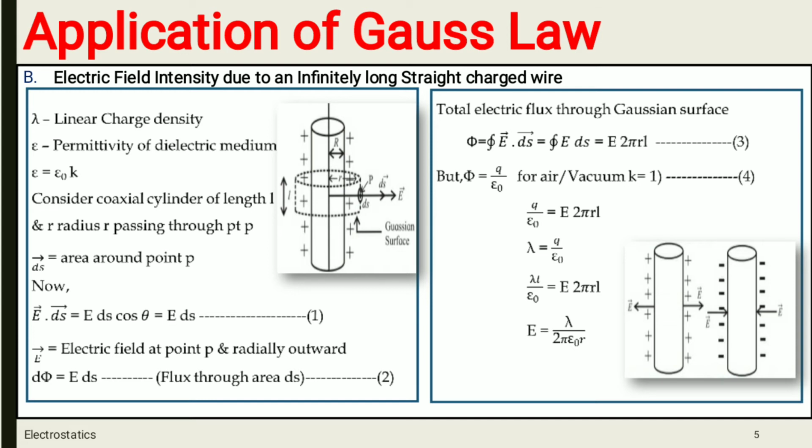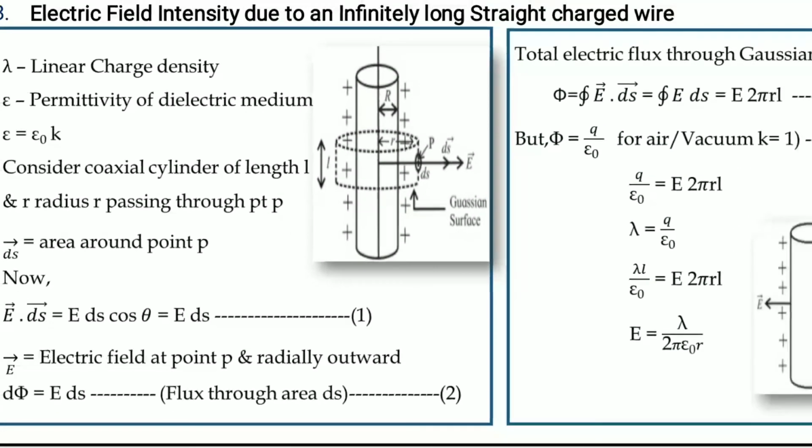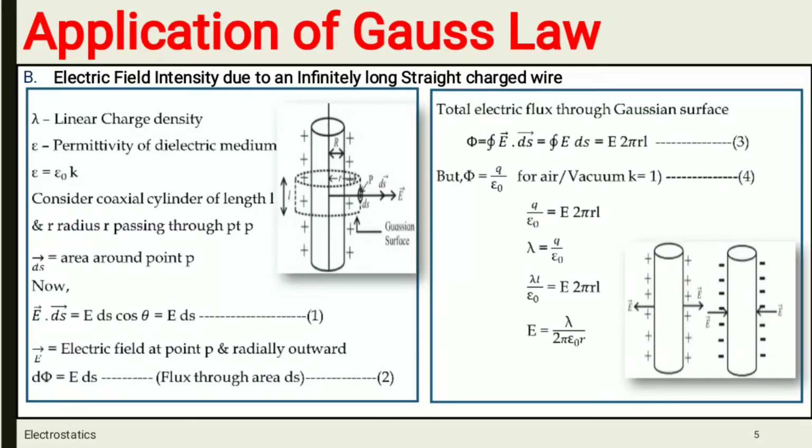Then what you will get? The total flux through the Gaussian surface, meaning the total flux through this dotted cylinder, or you can say the imaginary cylinder. So vector E dot vector ds you have derived, that is E ds, that is closed integration of E dot ds is equal to closed integration of E ds.